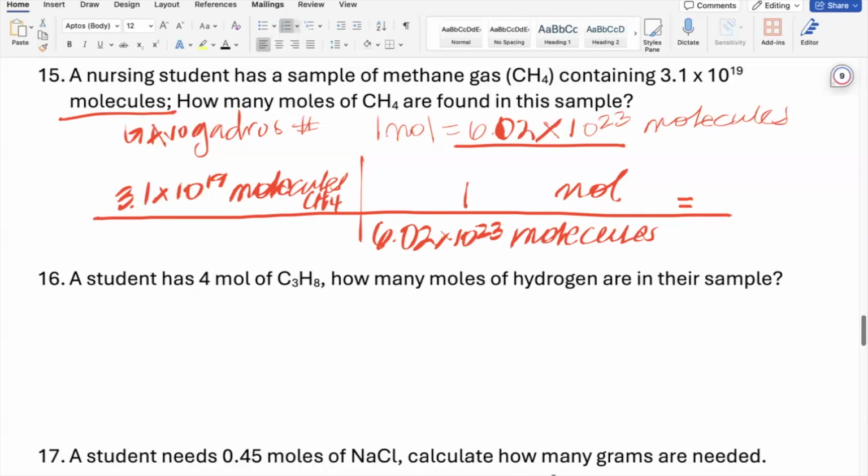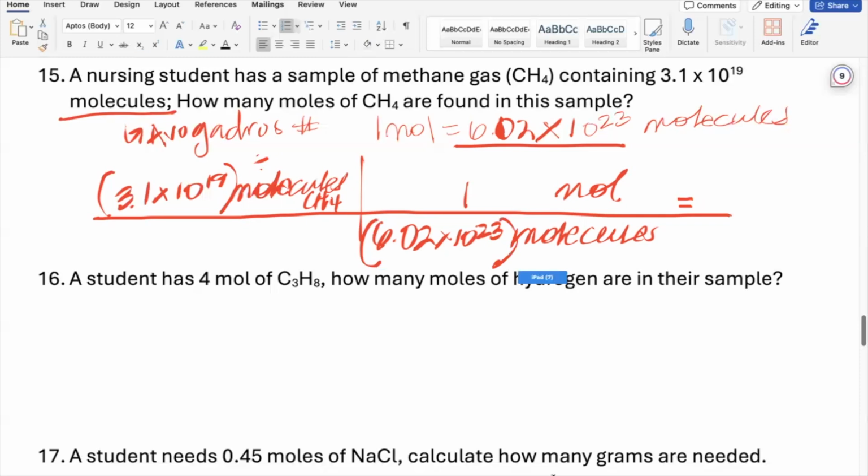The trick here is to make sure you're typing it into your calculator correctly. So I'm going to make sure that I use open parenthesis here. I'm going to type 3.1 times 10 to the caret 19. I'm going to close my parentheses. I'm going to hit the division sign, open parentheses, 6.02 times 10 to the caret 23, close parentheses.